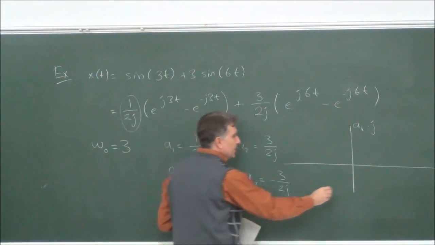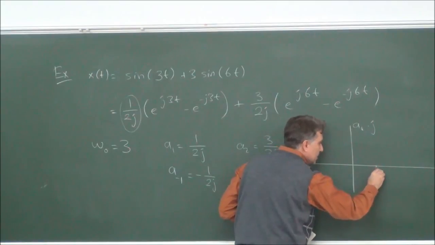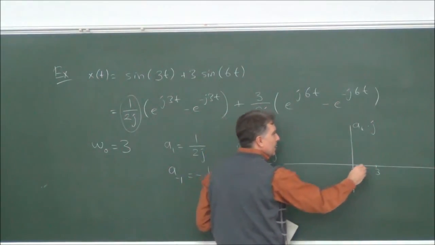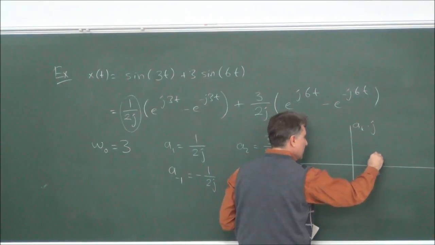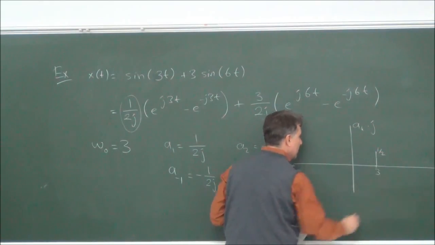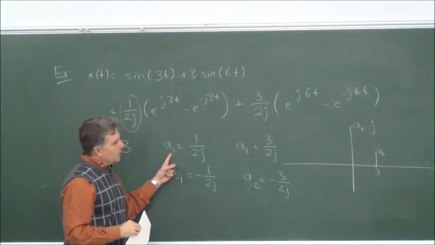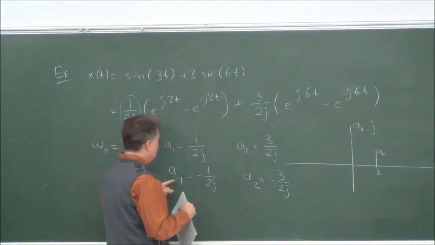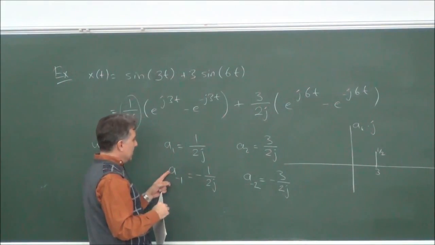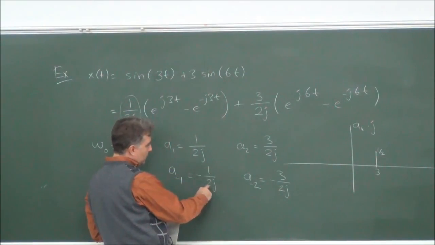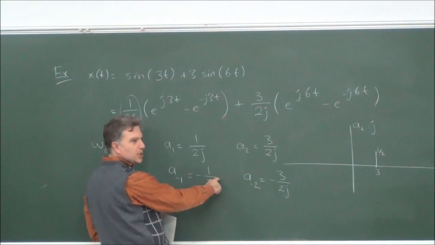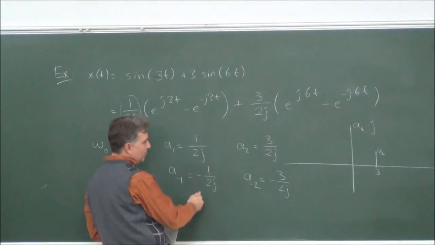It is 3. So here it is 3, and we have 1 over 2 for A1. And at minus 3, we have A minus 1, and the value of that is minus 1 over 2. When you multiply every part by j, the j's will cancel and you will have minus 1 over 2.